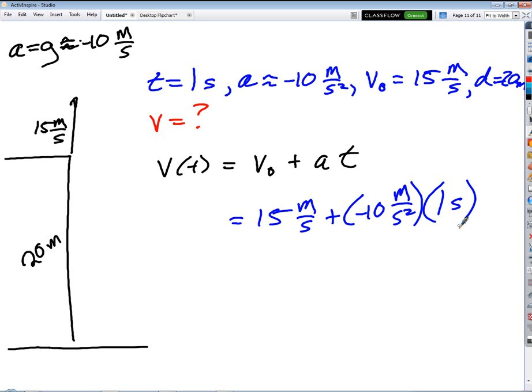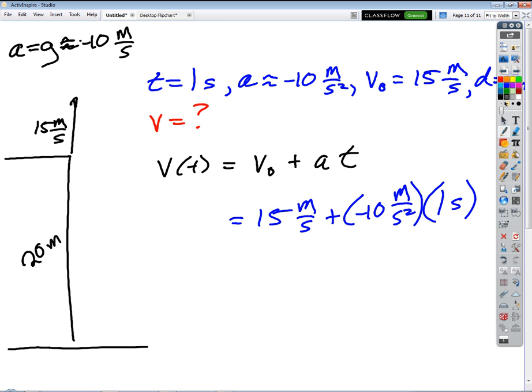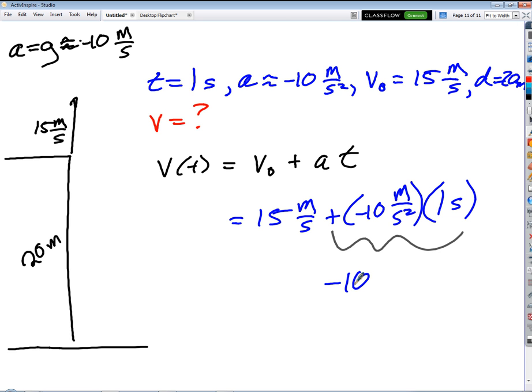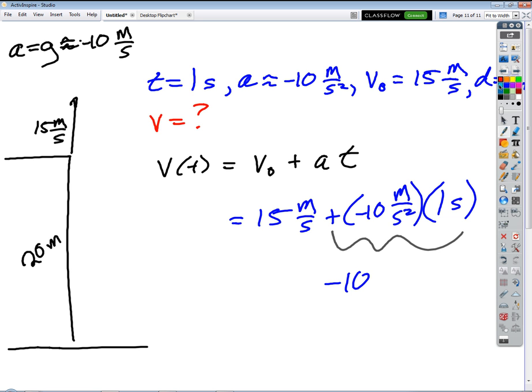Okay, so what happens here? When I multiply the numbers together, I get what? It's going to give me a negative 10, and remember we treat units like variables. So if I have a second on top and second squared on the bottom, I'll just cancel 1 second from each, right?